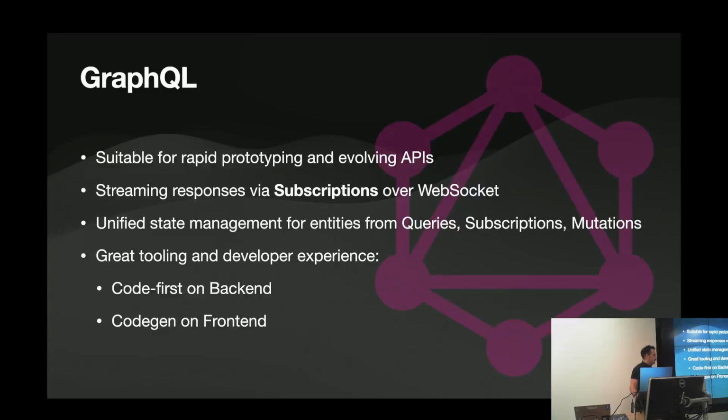So GraphQL also has great tooling and developer experience, but so does REST. You have Swagger and all the code gen associated with Swagger and OpenAPI. But that involves a lot of YAML, whereas GraphQL has its own strongly typed schema and query language.